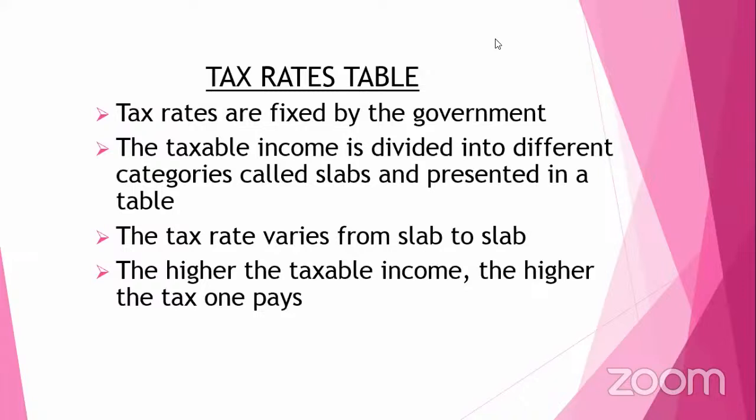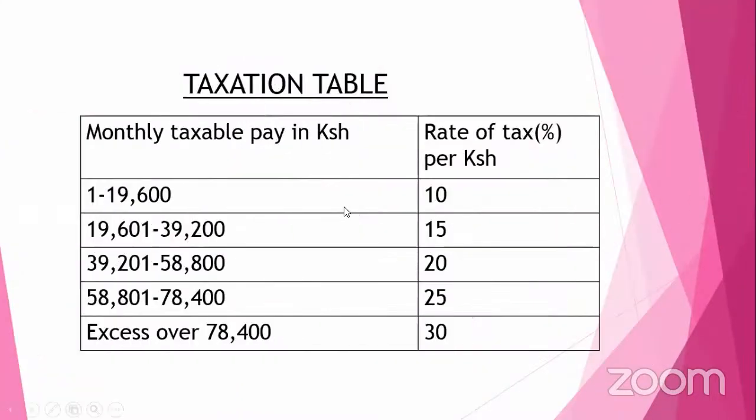So somebody was asking about the process, and I was saying we can look at the process again. You'll be given a table like what is displayed here, and this table is produced by the government. So the government will dictate the taxation rates.